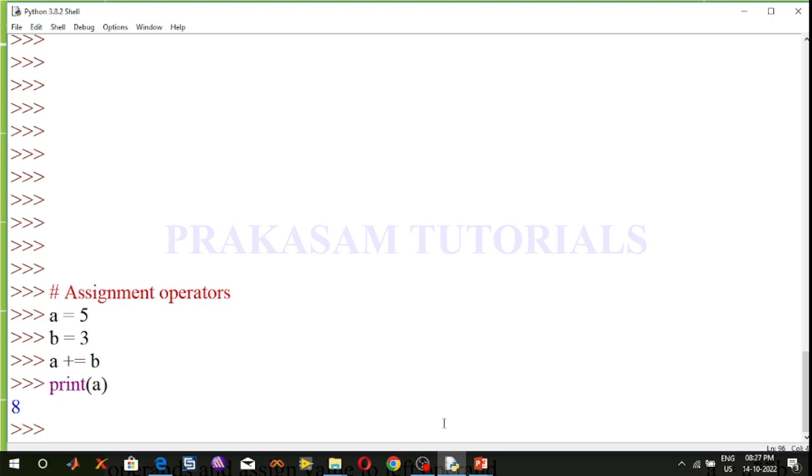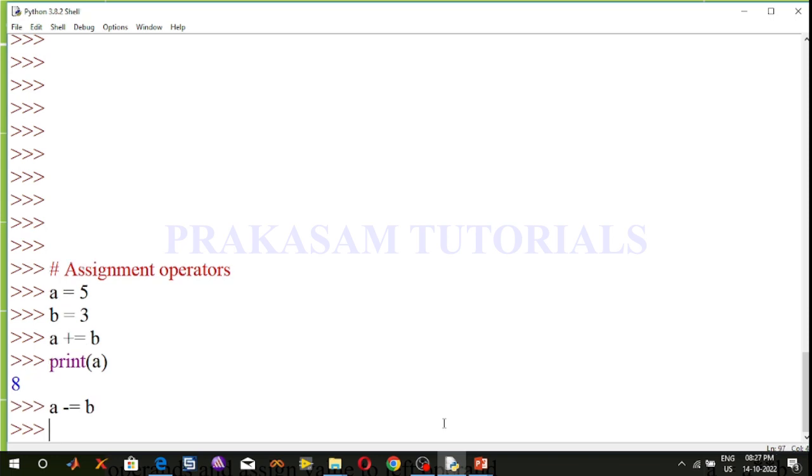Next, the subtract end operator: a minus equal to b. Minus equal to b means the expression is a is equal to a minus b.